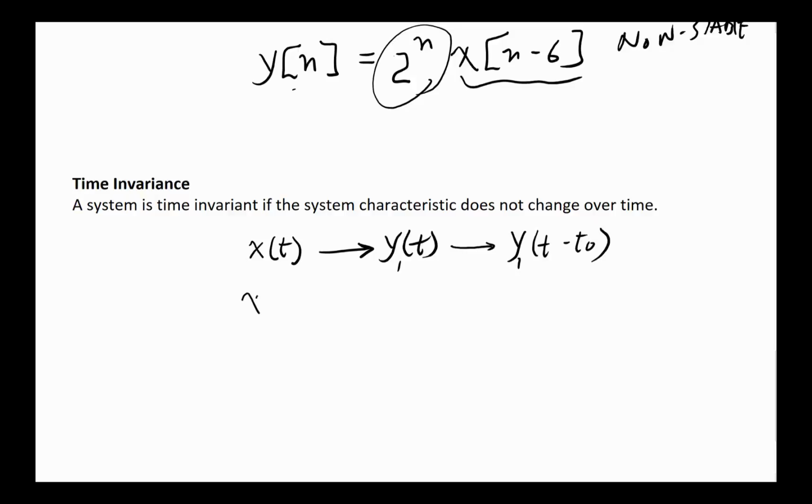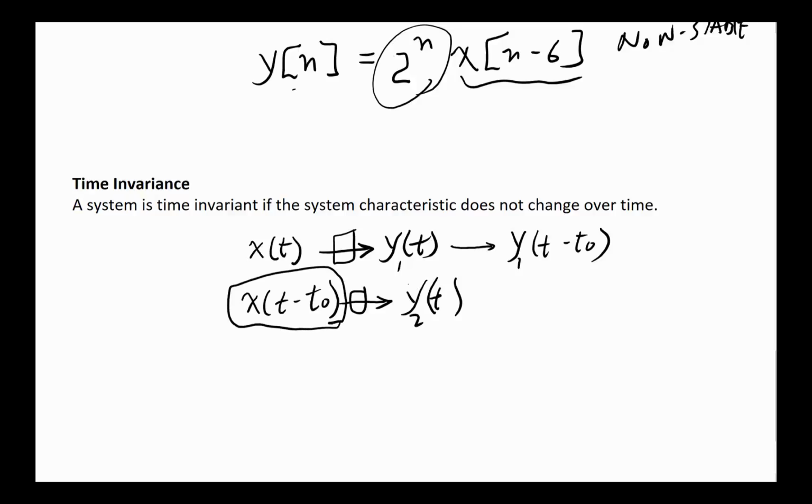Then I take x of t minus t0 and put it in my system, and the output I get is y2 of t. In one case the input is shifted, I get y2. In the other, I don't shift the input, I shift the output, I get y1 of t minus t0. These have to be the same. If they are the same, then the system is time invariant. Otherwise, it's time variant.